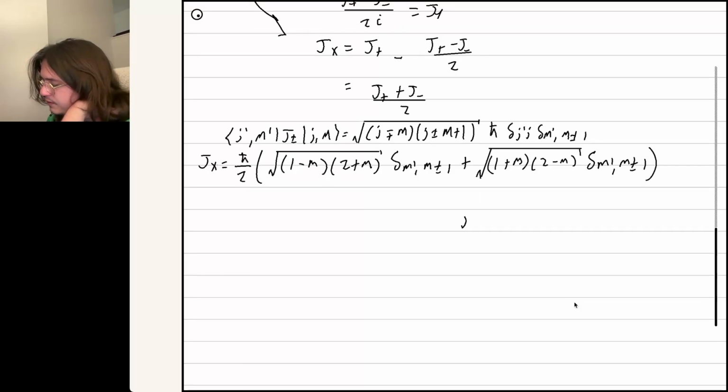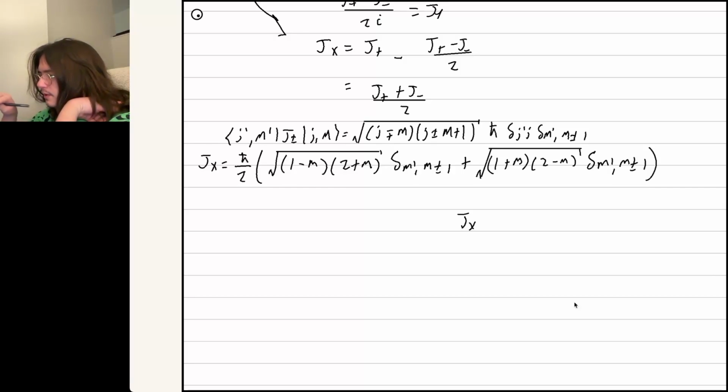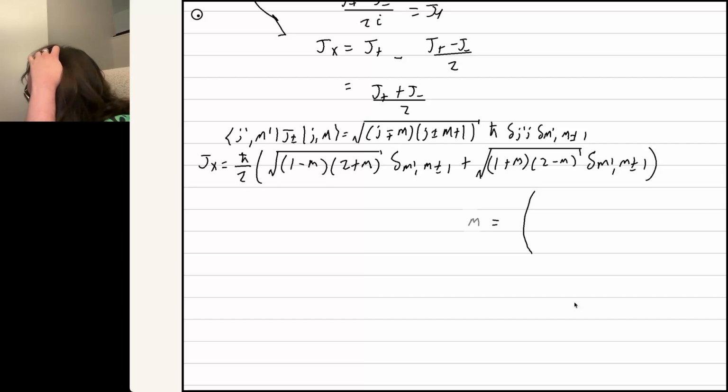So remember, when you're constructing a matrix like this, you want to run from highest to lowest, from top to bottom and left to right. So I'm just going to write the m values for the matrix. M will equal, okay, so I'm writing m prime, right?